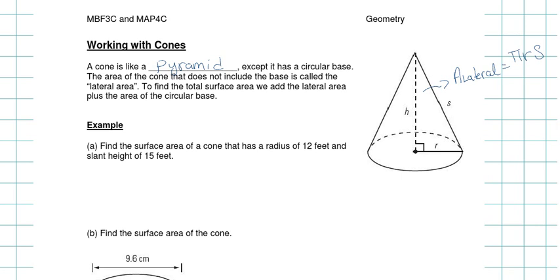Again, we are looking at the slant height, which is the height of the outside. So it's this one. This is your slant height. And this is your radius.